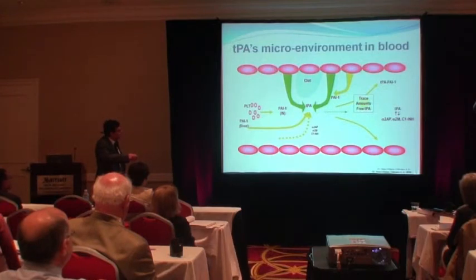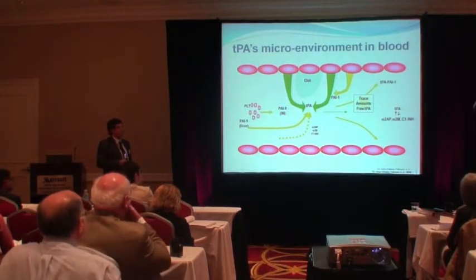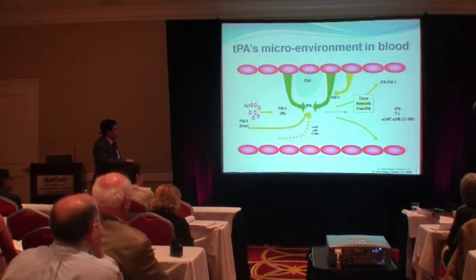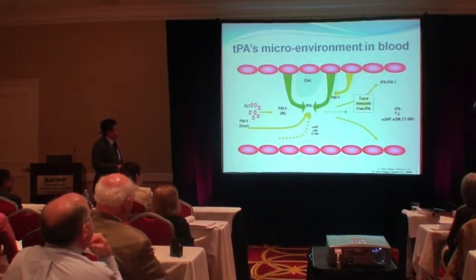And then when it is bound on the clot, it is protected from PAI-1 inactivation. PAI-1 can also be released from endothelial cells at the same time as TPA, and it contributes to block TPA out of the site where it must act on the clot by forming TPA-PAI-1 complexes.